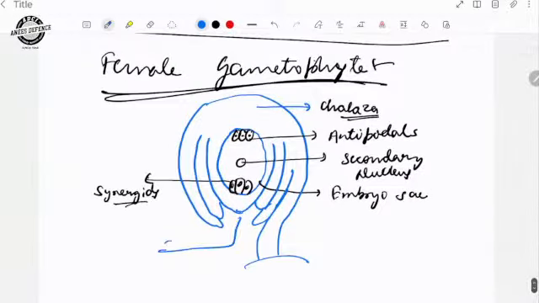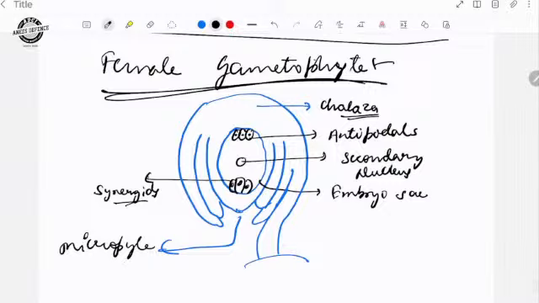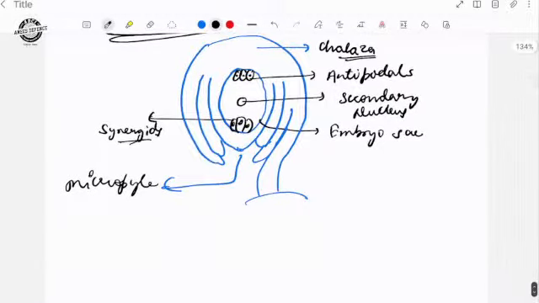After synergids, this is going to be considered as micropyle. Through the micropyle the pollen tube is going to connect, and transfer of male gametes is going to happen through this micropyle only. Understood?